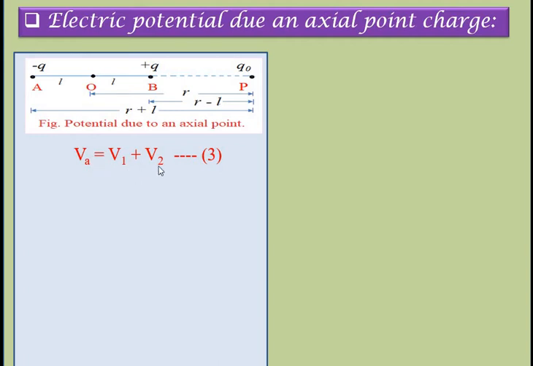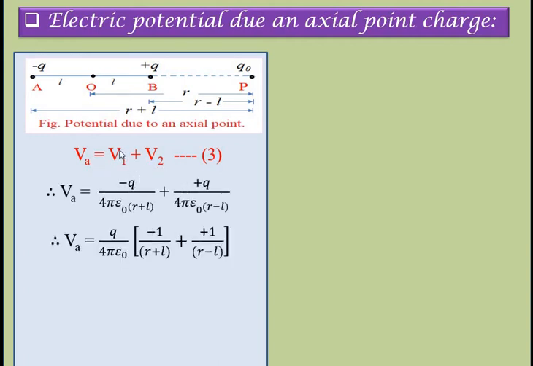VA is equal to V1 plus V2. Putting the values, V1 is equal to minus Q divided by 4 pi epsilon 0 into (R plus L), plus V2 is equal to plus Q divided by 4 pi epsilon 0 into (R minus L). Taking common Q divided by 4 pi epsilon 0, we get in bracket minus 1 divided by (R plus L) plus 1 divided by (R minus L).